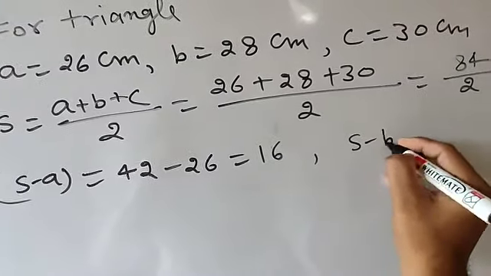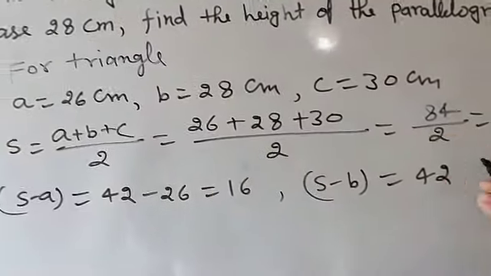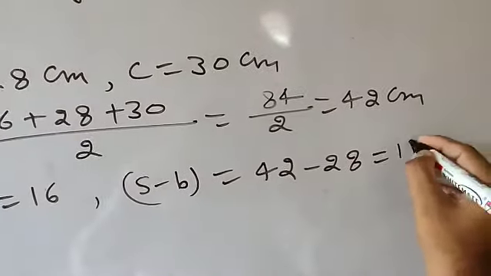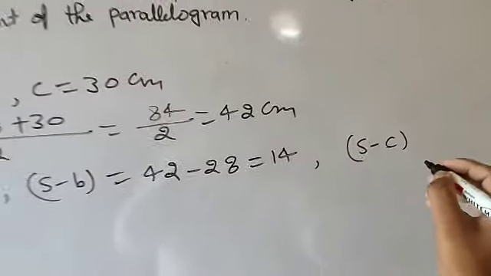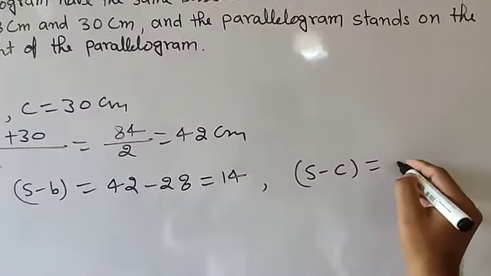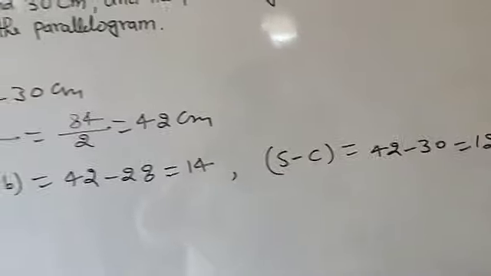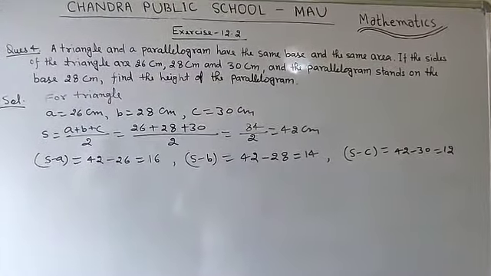Then S minus B is equal to 42 minus 28, that is equal to 14. And next S minus C, C is here 30, so it will be 42 minus 30, that is equal to 12. So here I got the value of S minus A, S minus B, S minus C.